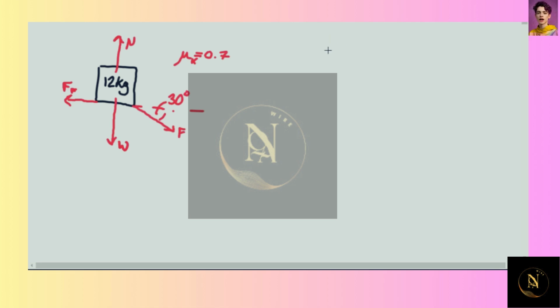Well, first of all, we know that we can take a few equations that will effectively work for us. For example, the force of friction is going to be equal to the kinetic coefficient of friction multiplied by the normal reaction force. And hence we can determine an equation, which is that if we're sliding at a constant velocity, then the force with which we're pushing, F cos 30, is going to be equal to 0.7 multiplied by the normal reaction force.